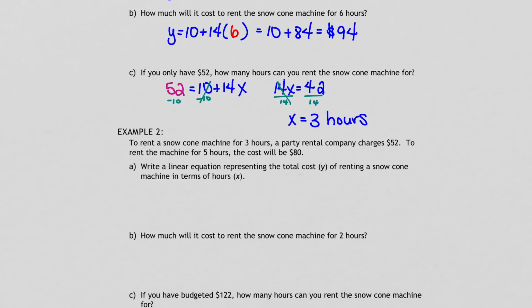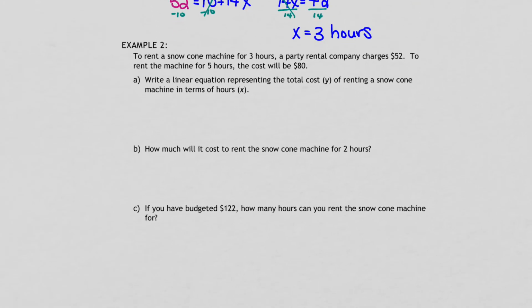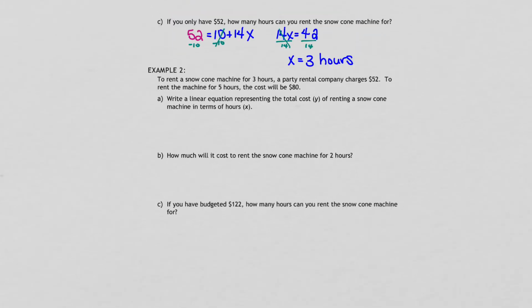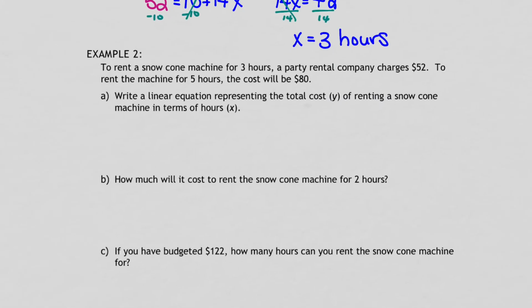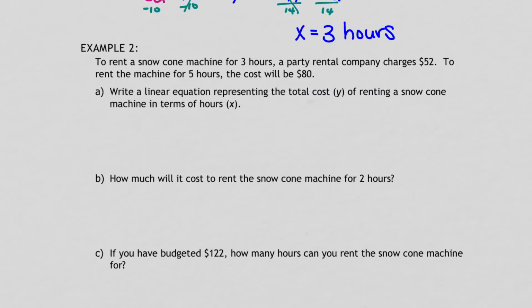Example 2, also with a snow cone machine, says to rent a snow cone machine for 3 hours, a party rental company charges $52. To rent the machine for 5 hours, the cost will be $80. So here's a situation where we have 3 hours, they charge $52.